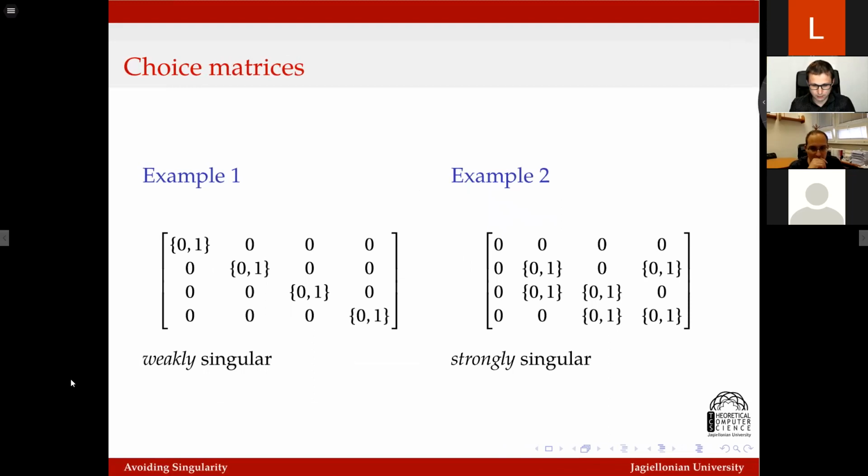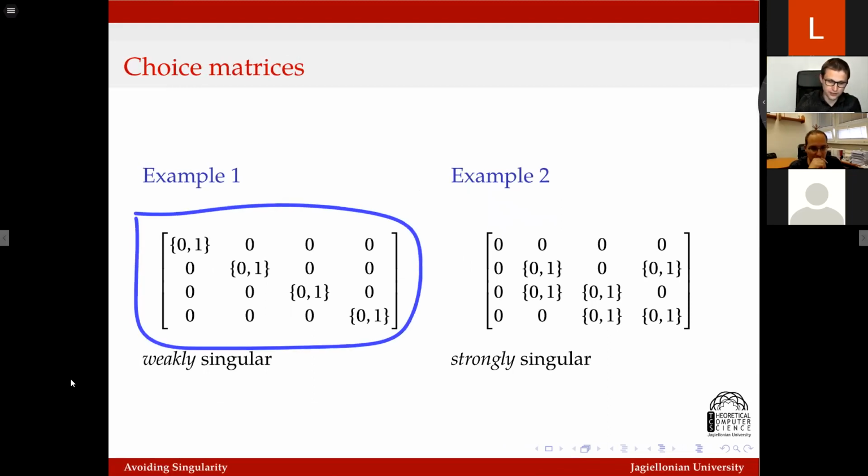And let me go back to this example. In this two-element field, it seems that it may be quite difficult to find the correct solution because there is only one. So what we can do is work in a much greater field, that is a finite extension of the two-element field, and then have many values for each entry. Okay, so I had two, but now I choose some bigger sets here for the diagonal.